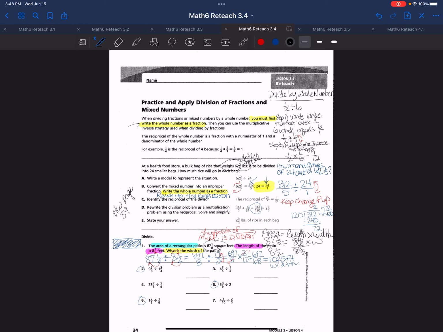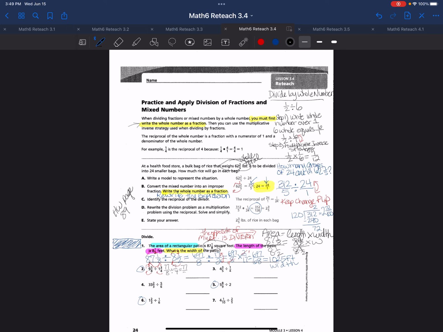So on the first one, we have 2 mixed numbers, so I must turn them into improper fractions. So 9 times 8 is 72 plus 5 is 77. So I have 77 over 8 divided by 4 times 1 is 4 plus 3 is 7/4.